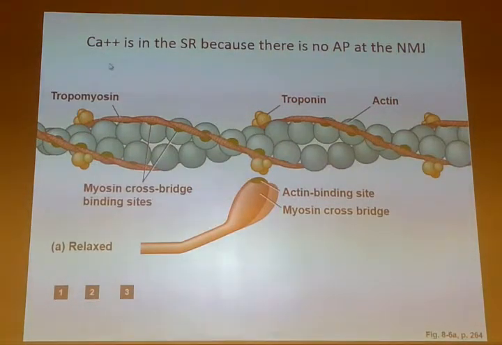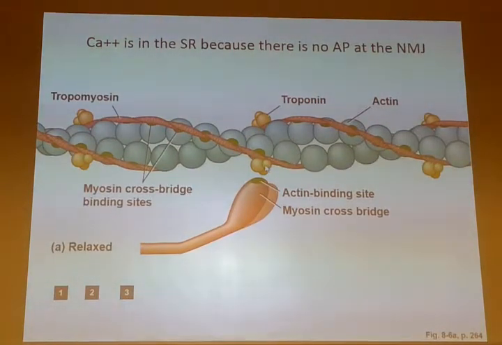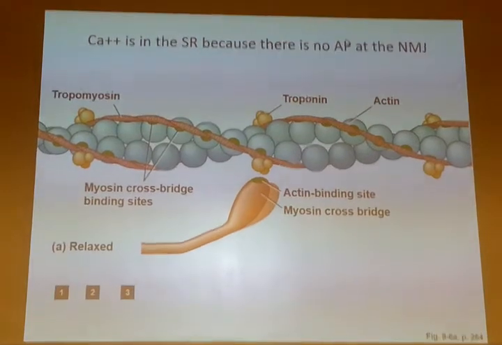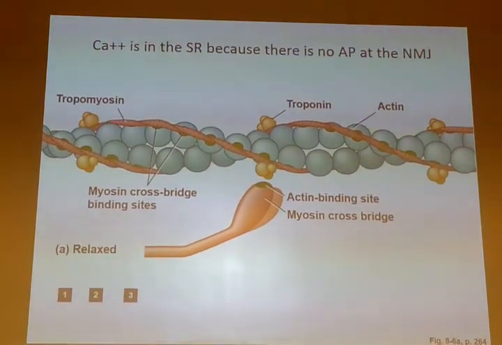It's going to need calcium from the sarcoplasmic reticulum to bind to troponin to move tropomyosin off the actin binding site. So if there's no action potential at the neuromuscular junction, then there is no release of calcium from the sarcoplasmic reticulum.